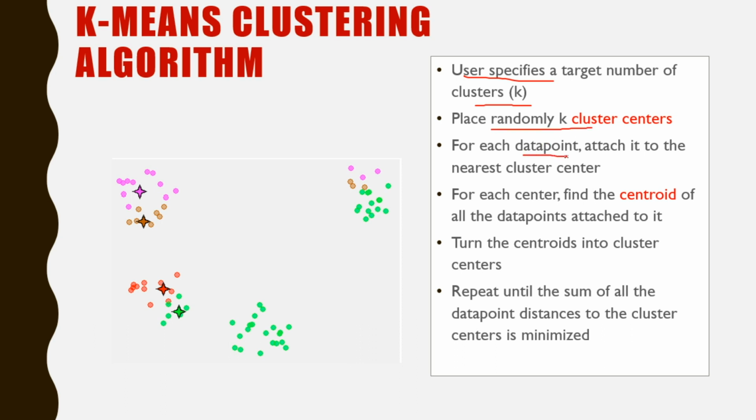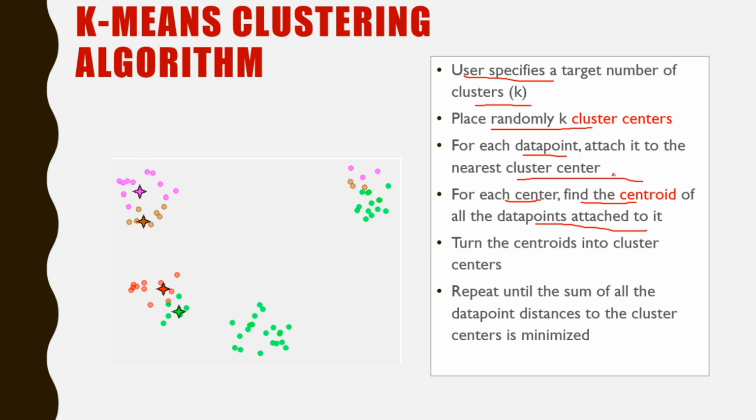Then each data point gets attached to the nearest cluster center. For each center, it finds the centroid of all the data points attached to it. This is the basic functionality behind k-means clustering.